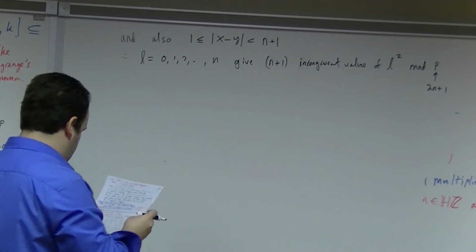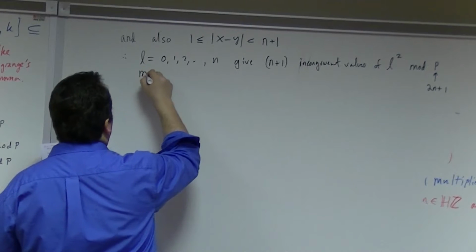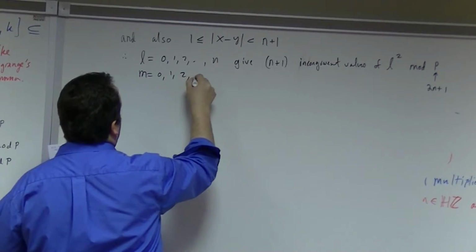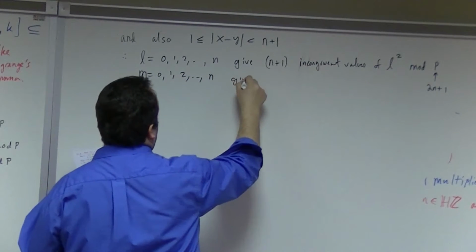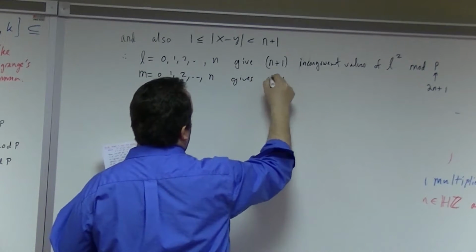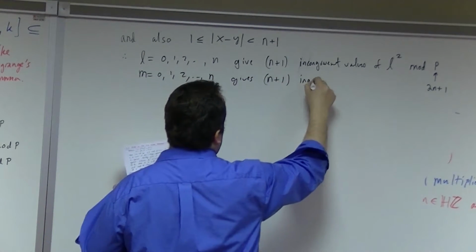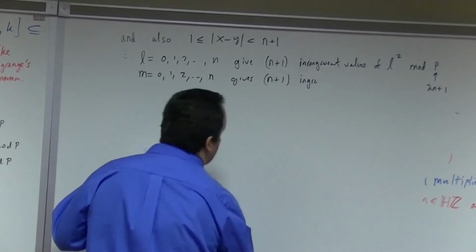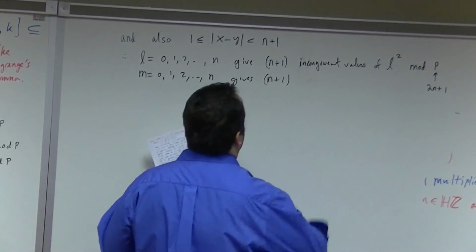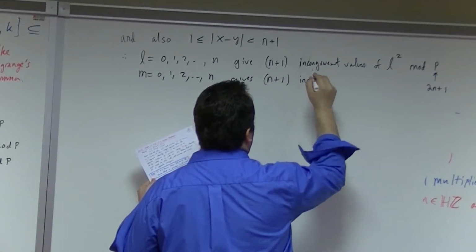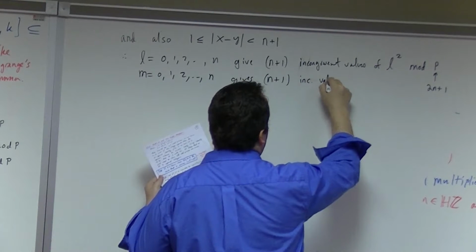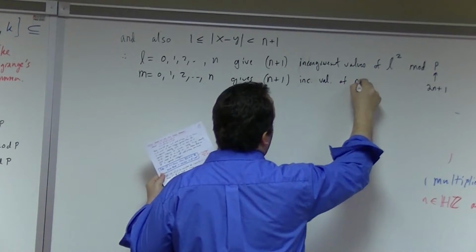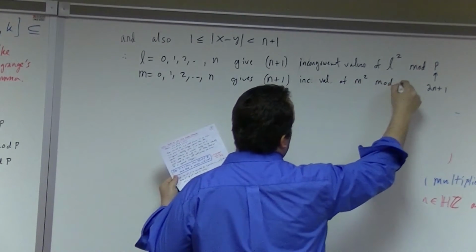Likewise, m equals 0, 1, 2, up to n gives n plus 1 incongruent values of m squared mod p.